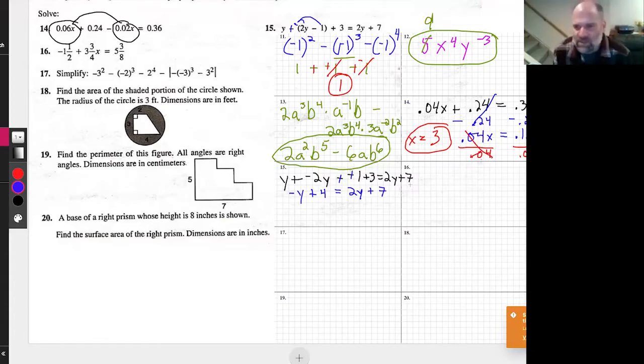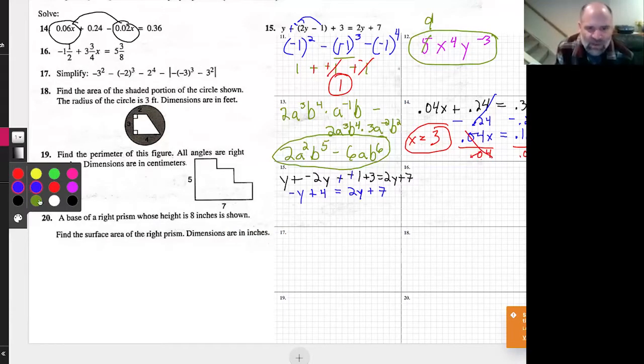So step 2 is if you have variables on both sides, get rid of the smaller one. You've got this negative y and a positive 2y. So which one's smaller? The negative is always smaller than positive. So to get rid of a negative term, you add the positive version of it. So plus 2y, or plus y plus y. So you're left with 4 equals 3y plus 7.